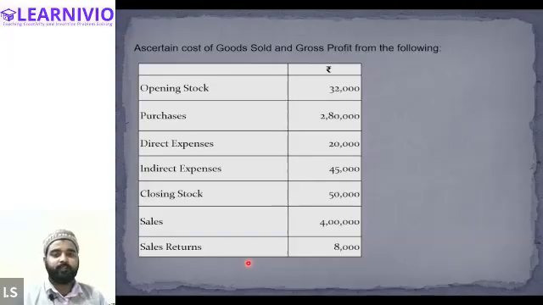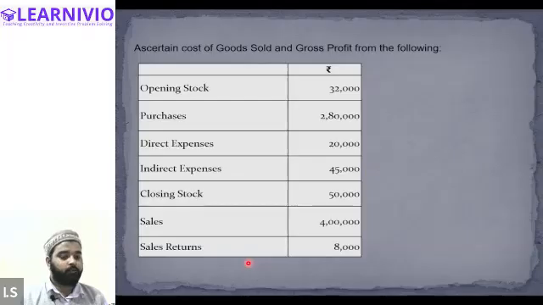Moving on to the next question. In this question, we need to find out the value of the cost of goods sold and gross profit also. Please do it. Tell me if you are finding anything difficult. Any doubts, Alexander? No, sir.